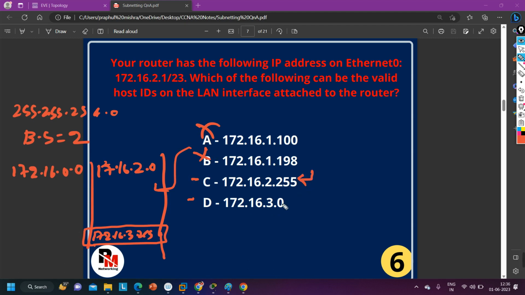The range starts from 2.0, then 2.1 to 3.0, 3.1, 3.2, up to 3.255. So both are right answers, option C and option D. Both are valid IP addresses.